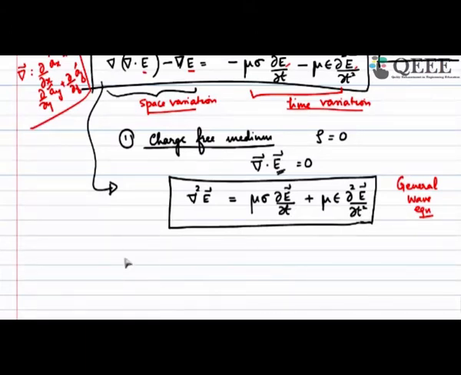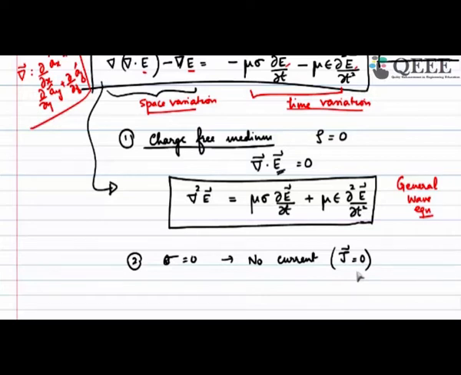Now I am going to put one more constraint here: the conductivity is 0, which means no current, which means my J is 0.